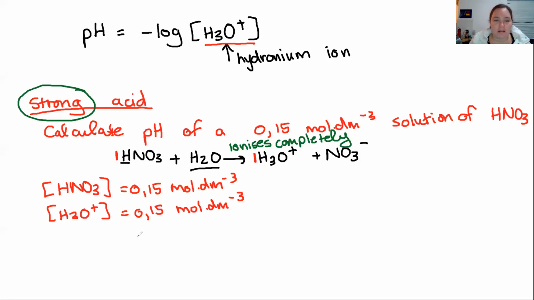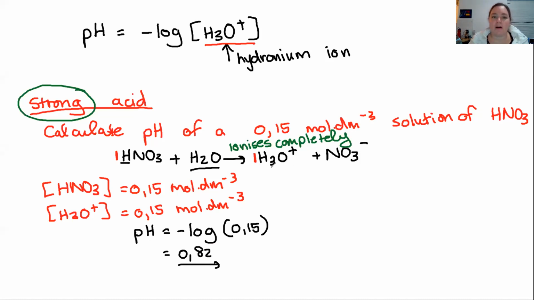From there, your calculation is you're going to say pH is equal to negative log of 0.15. Please remember, you only put the brackets in when it indicates concentration. You don't have to have that in square brackets. If you take your calculator and you write negative log 0.15 equals, I get a pH of 0.82, and that is my answer.